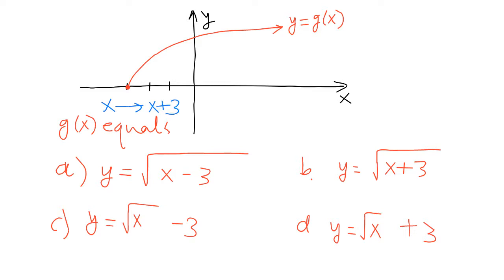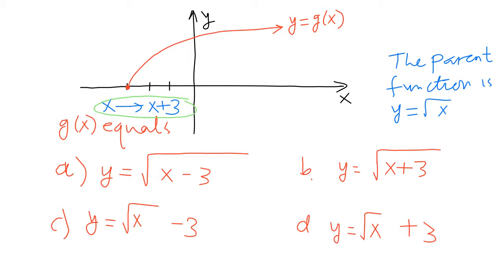The parent function, y equals radical x. Okay, so now apply this to the parent function. Replace each x with x plus 3. That means the answer is y equals radical of x plus 3.